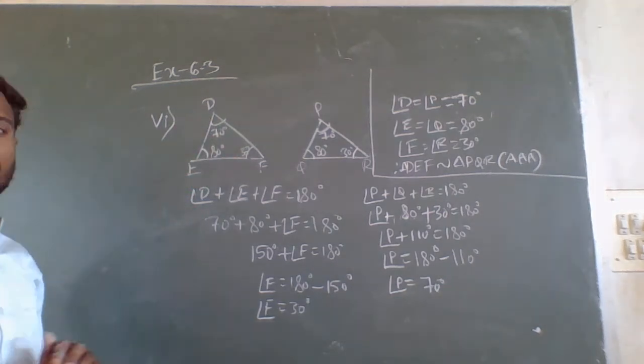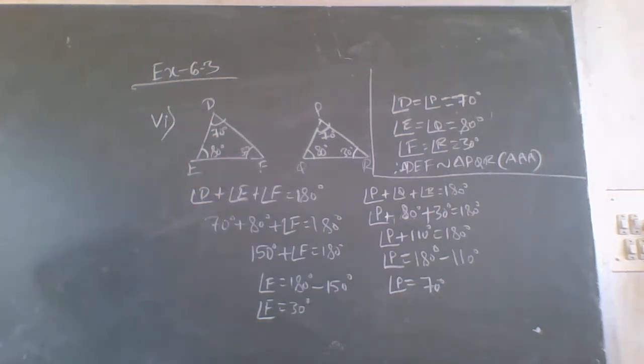These two triangles are similar because corresponding sides are equal. Sorry, corresponding angles are equal. So therefore these two triangles are similar.